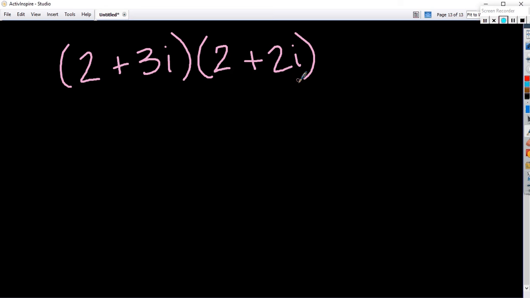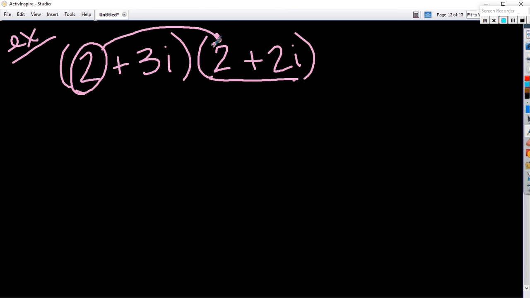This is an example of multiplying. All right, so what we're going to have to do is FOIL this out or distribute it through, okay? So start with the first. It goes to everything in this parenthesis, right? What's 2 times 2? 4. And 2 times 2i is 4i.